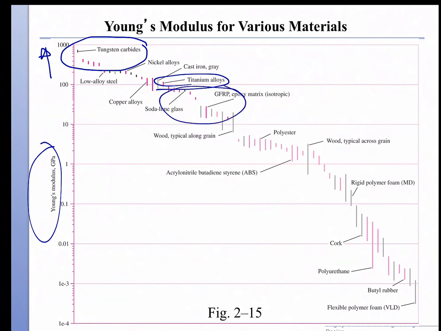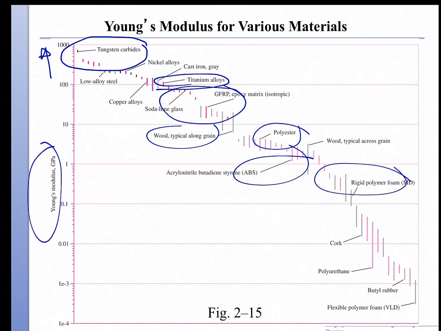reasonably low elastic modulus, between 10 to 100. If you want to use materials that stretch more or deflect more, then you will have to go down to woods and polyesters, and this range of materials has a modulus from 1 to 10. And if we want more stretchy materials, then we go down to the polymers, ABS for example, and foams.